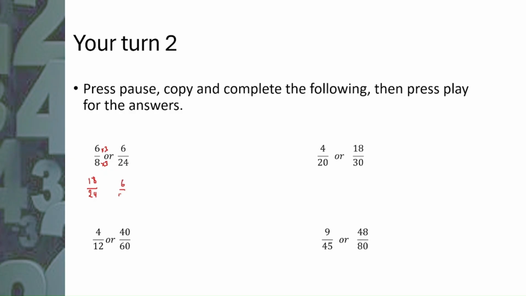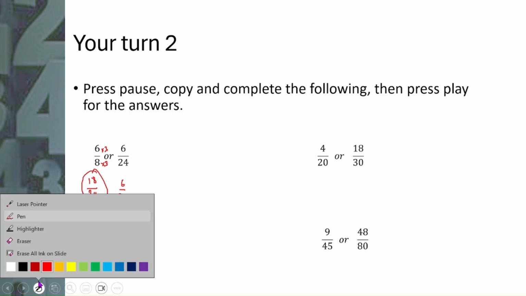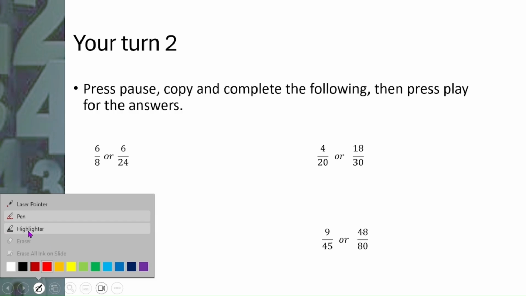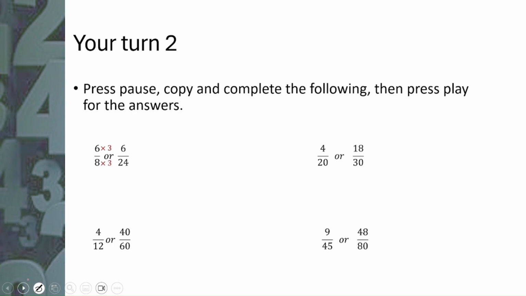So of course, then we can see that this would be the largest. So we've got our animations to do exactly that. And we can see that 18 over 24 is the largest, but as always, when we're answering this question, we must use the original fraction from the question.